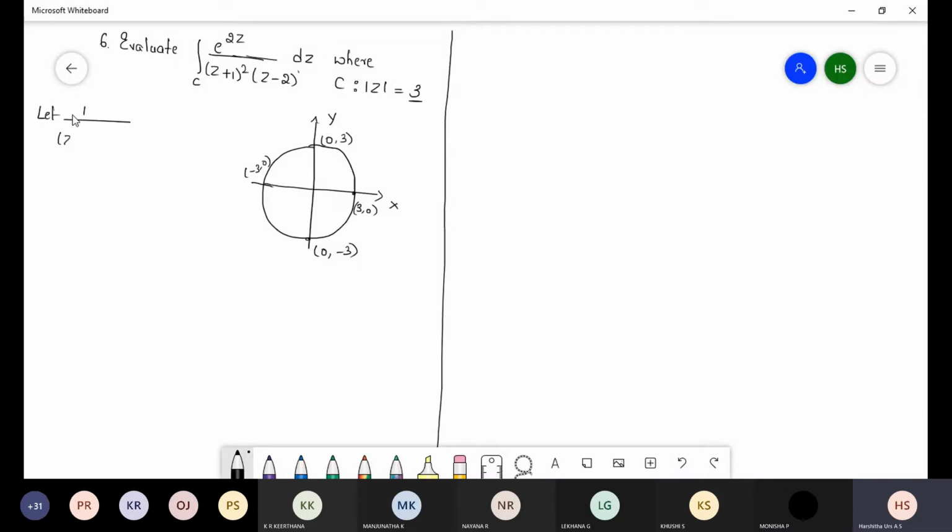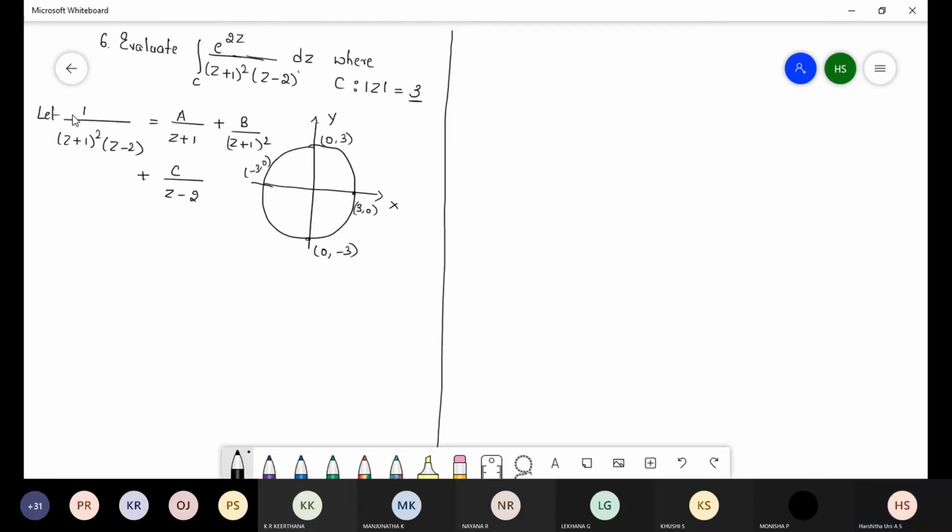So 1 divided by (z plus 1) whole square into (z minus 2) is equal to a divided by (z plus 1) plus b divided by (z plus 1) whole square plus the last term c divided by (z minus 2).